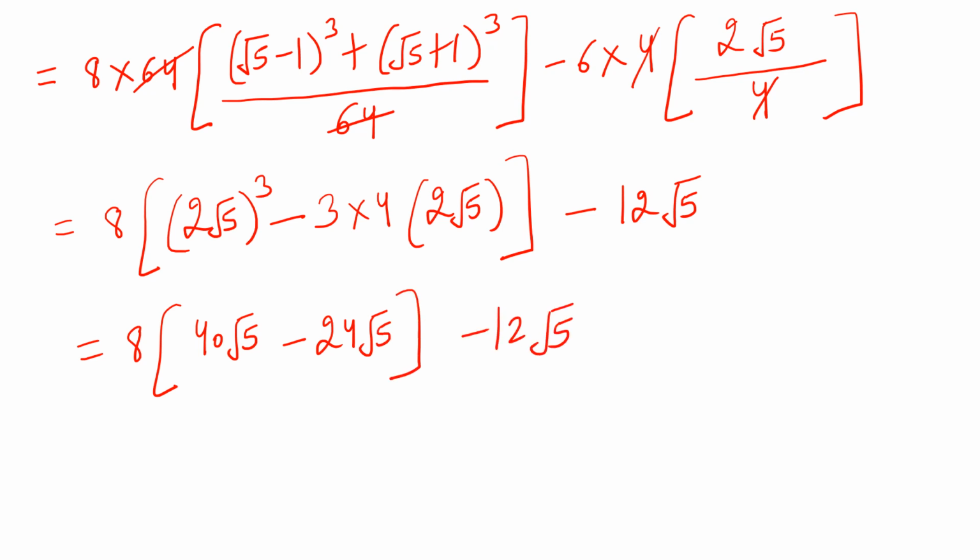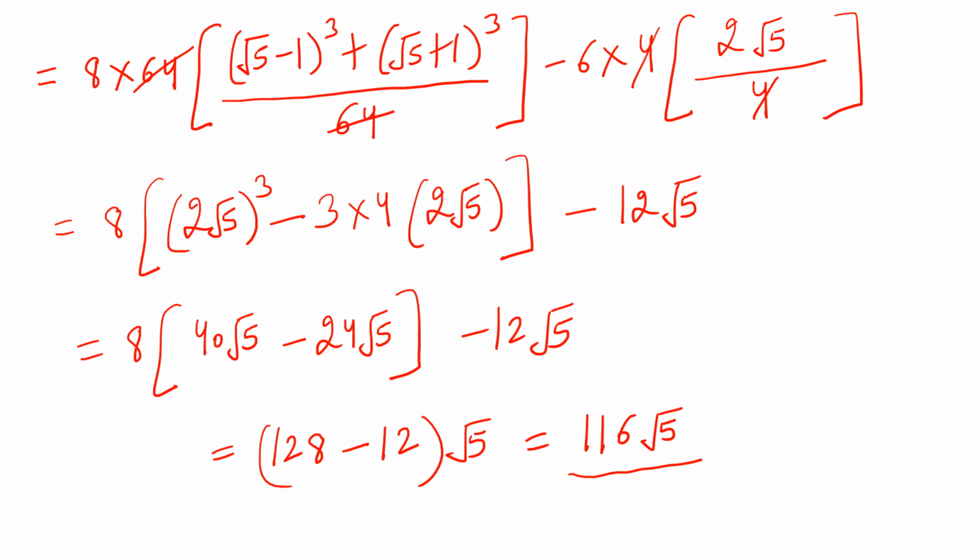So this becomes 8 into 16, that is 128, minus 12 into root 5, and this becomes 116 into root 5. So this is the value of the numerator of the required expression. Now students, we will find the value of the denominator.